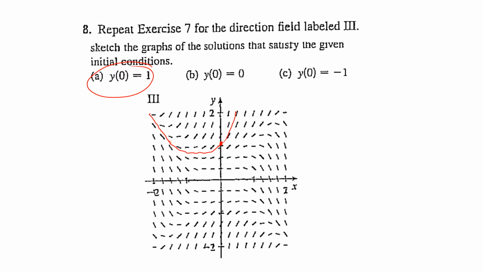Let's see how B turns out. So here I am at (0, 0). Now I'm actually on a slope field. You can see that they're perfectly flat at that point, so all I can do is move along it. And then what am I forced to do? I'm forced to move upwards and follow that line there.